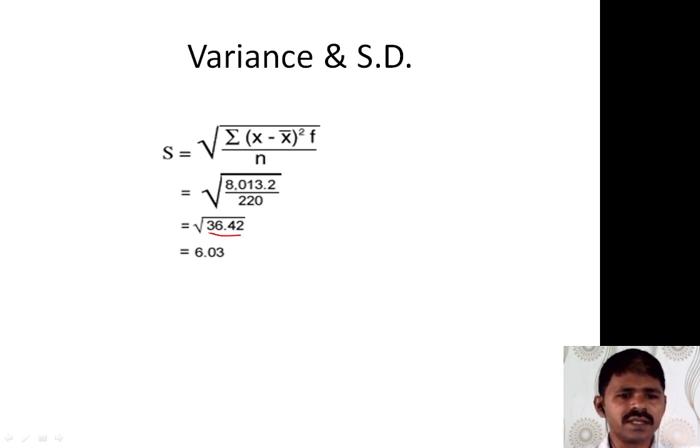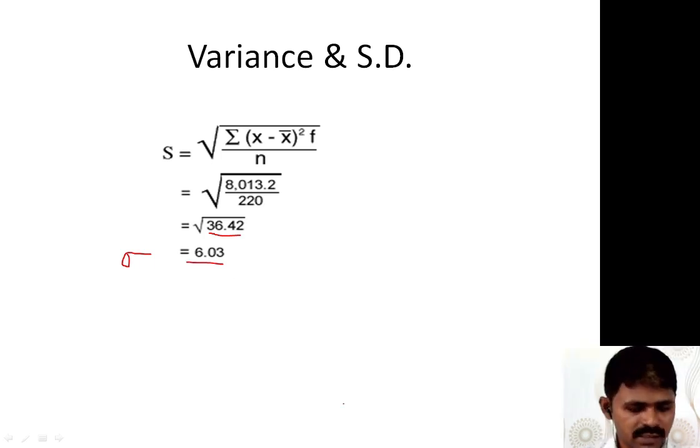If you take the square root of it, we get the standard deviation value as 6.03.